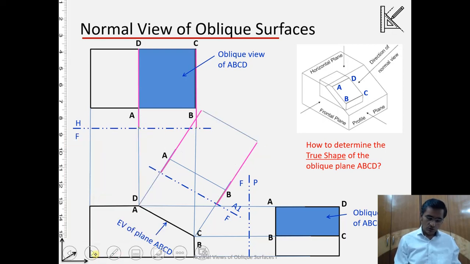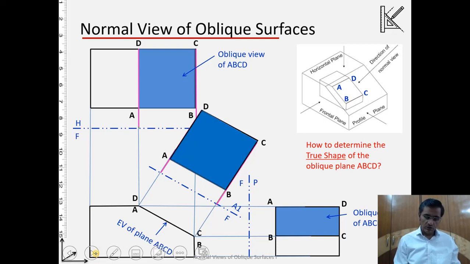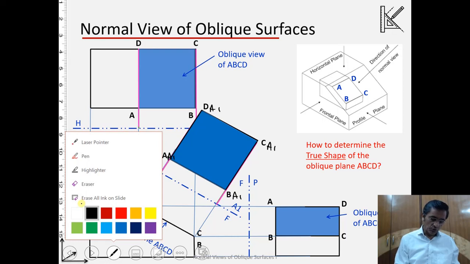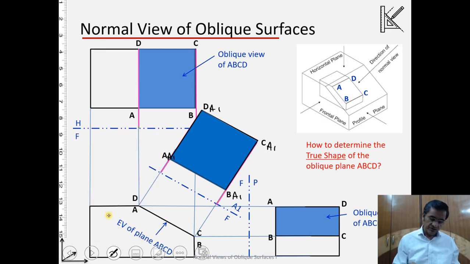Then A, B, C, D, I could have written as A1, D, A1, C, A1 and B, A1, because A1 is the auxiliary plane on which we are making the projection. So this is the true projection of the plane which was desired.